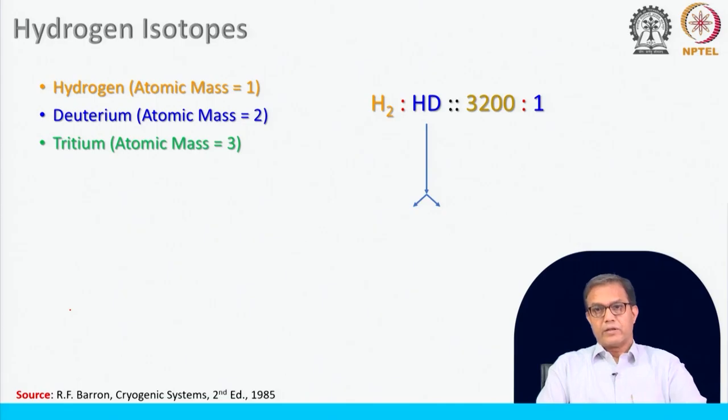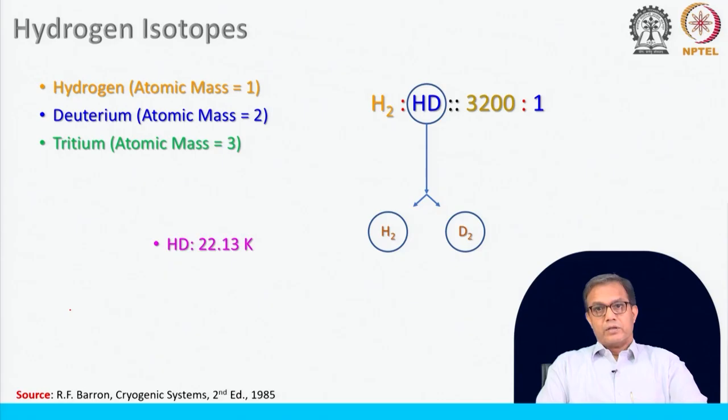So, you can understand that the presence of hydrogen deuteride is very small in the atmosphere, or natural hydrogen. If we have to decompose this hydrogen deuteride into its two constituents, hydrogen and deuterium, we need to first concentrate the hydrogen deuteride, and then we can think of separating it.